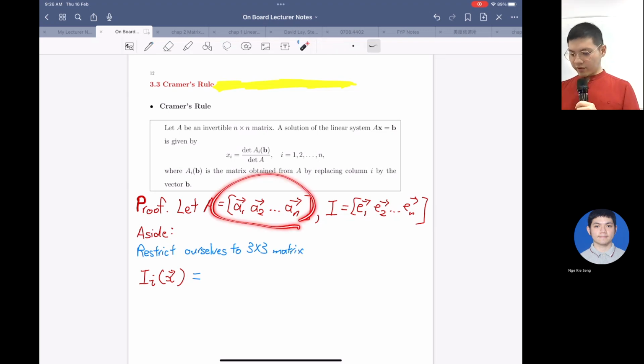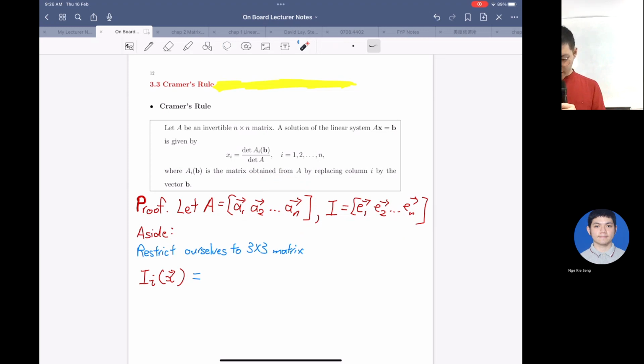Everything you see up to n, you can fix at one size and then see what's going on. So let's restrict ourselves to the 3 by 3 case, and look at I1 first.